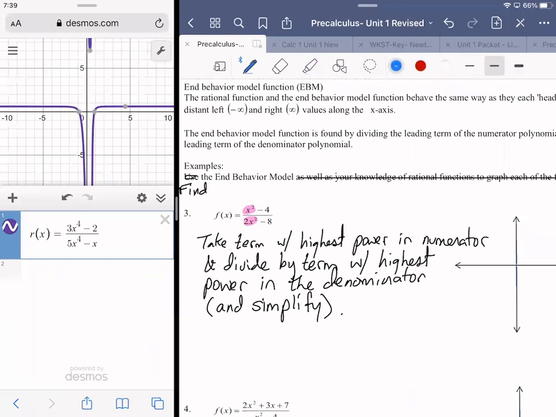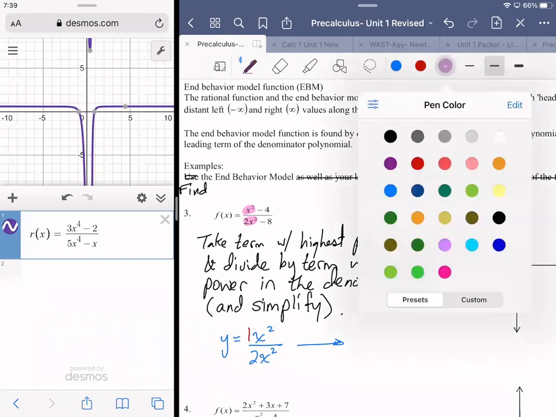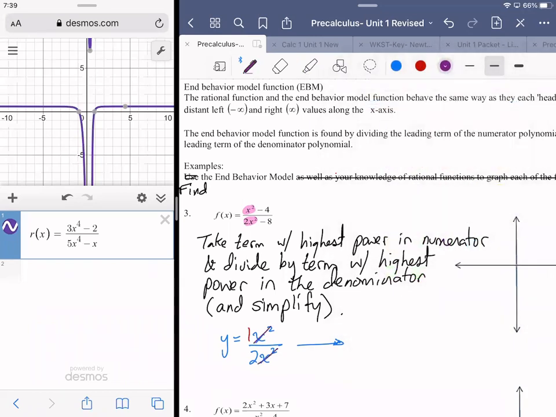We're going to write y equals, because there will be an equation, x squared over 2x squared, and simplify. In this case, we have the understood 1 in front of the x squared, but the x squareds will cancel away. And so my EBM, very creative with my abbreviations, would be y equals 1/2.